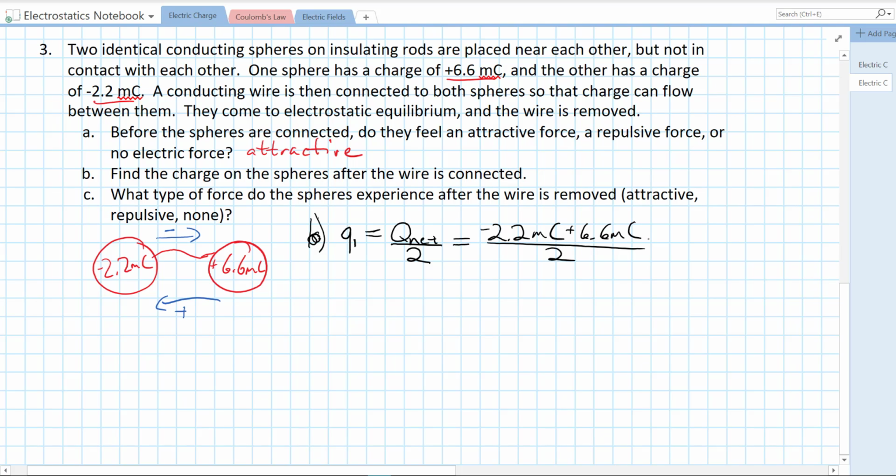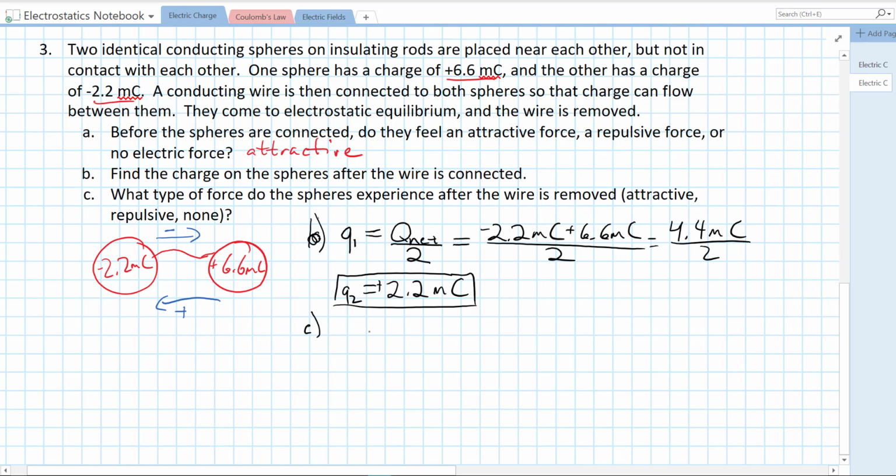That's our net charge, which is 4.4 millicoulombs. And so our charge on either is going to be half of that, 4.4 millicoulombs over 2, 2.2 millicoulombs, and it is positive because there is an excess of positive charge. Just net charge over 2.